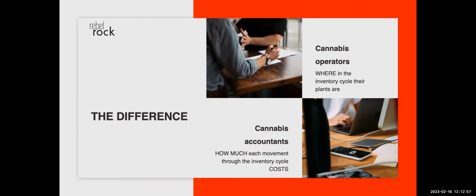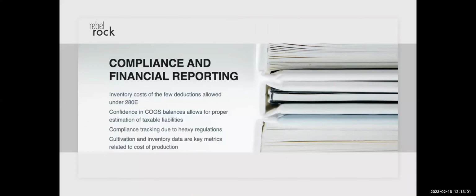And since we're talking about data accuracy and robustness of that data, I think that's a really good time to get into compliance and financial reporting. So I failed to mention on our little definitions page this other little thing that's really important to us accountants called 280E. If you're not familiar with it, it's a really punitive area of tax code that eliminates substantially all business deductions for cannabis operators.